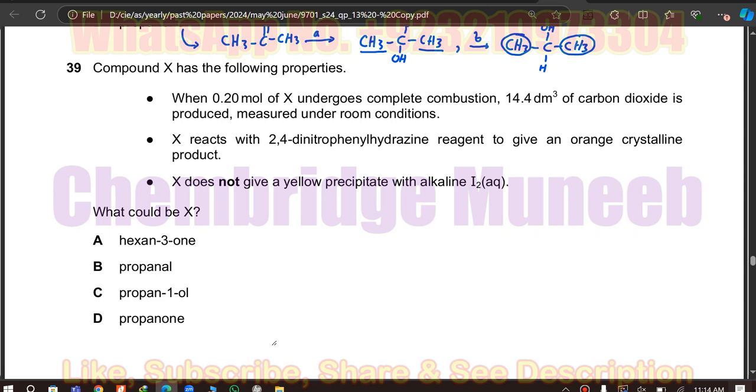Let's check point number 2 first. X reacts with 2,4-DNPH, and we know that out of these options only those compounds can give the positive test which are either aldehydes or ketones.